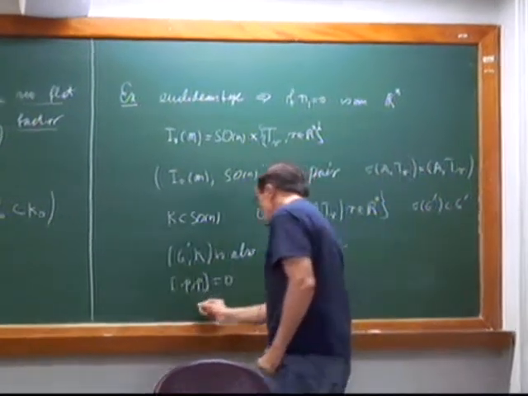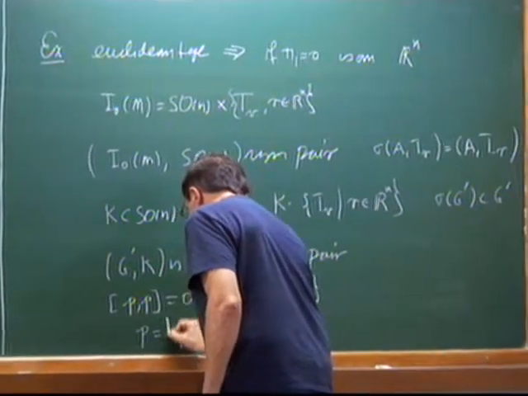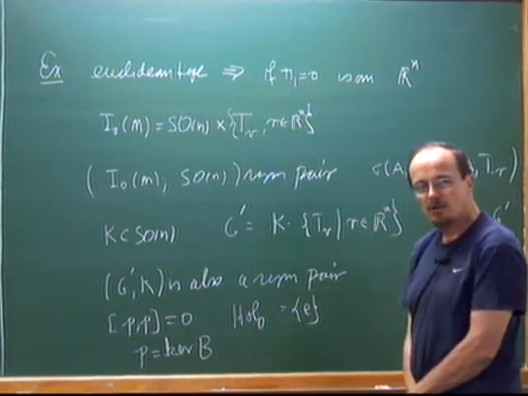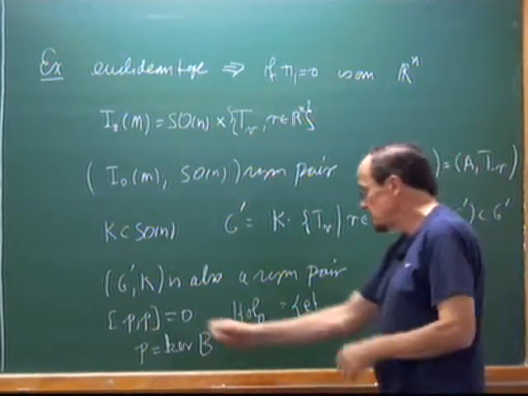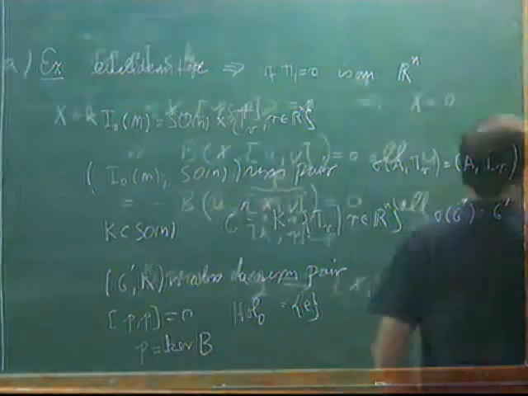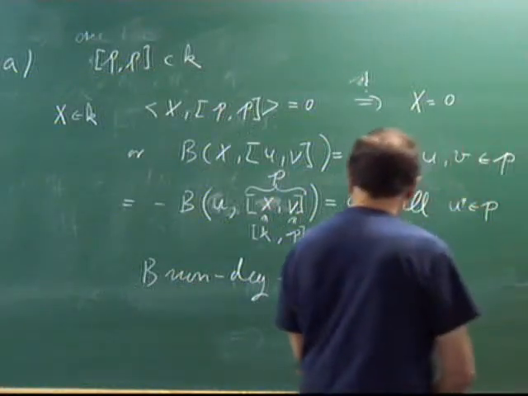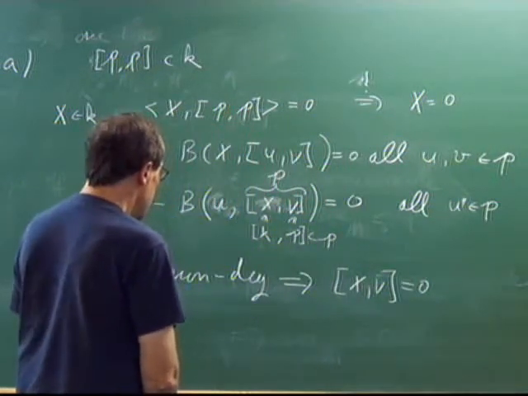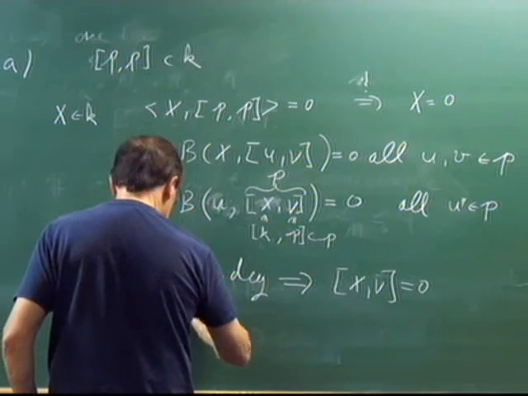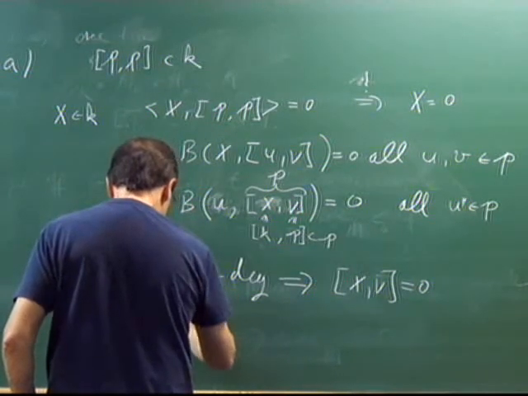Well, P is equal to the kernel of the Killing form. So the Killing form has a kernel, a large kernel. All of P is a kernel in this case here. So non-degeneracy that I'm using is true because of this assumption here. So what does that mean? It means that all Lie brackets between K and P, sorry, between x and P are equal to 0.